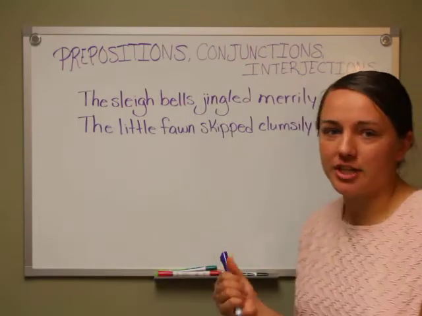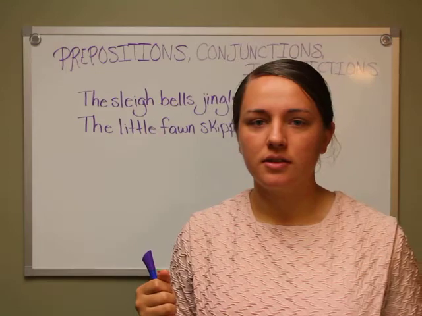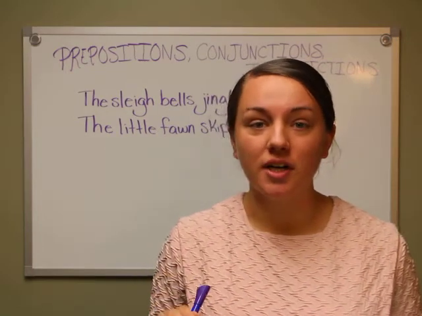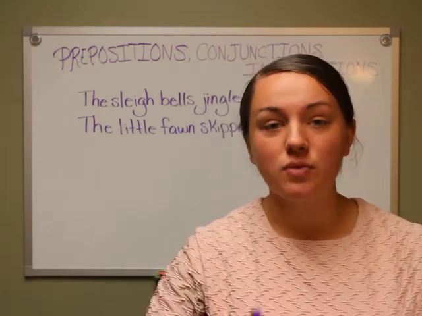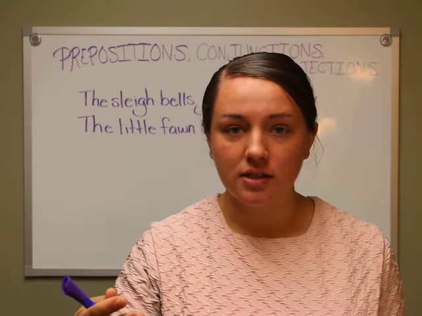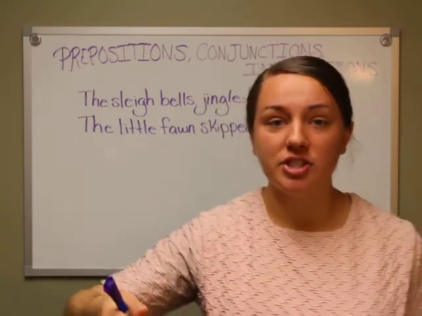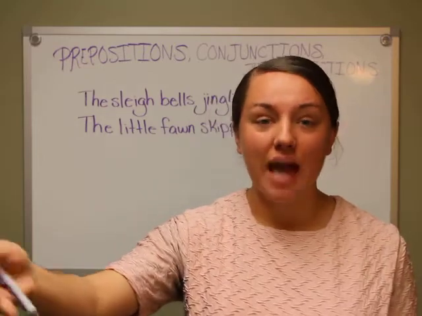What about an interjection? What is an interjection? An interjection is a word that shows sudden or strong feeling. Now, sometimes we have mild interjections and sometimes we have strong interjections. Okay? If we have a strong interjection, it has an exclamation mark after it, and the next word in the sentence is capitalized.